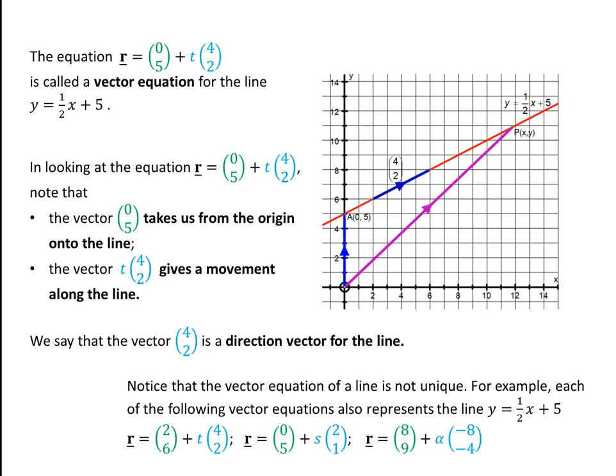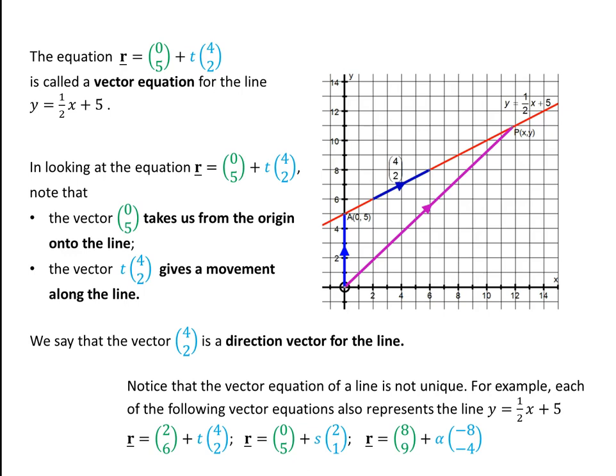Now the vector equation of a line is certainly not unique. For example, all of the equations underneath also represent the line y = ½x + 5. We could have r = (2, 6) + t(4, 2). So instead of moving to the point (0, 5) on the line, we'd start by moving to the point (2, 6) on the line.